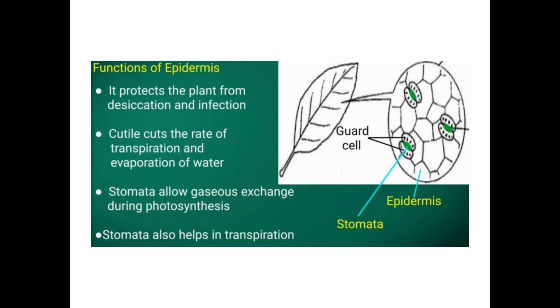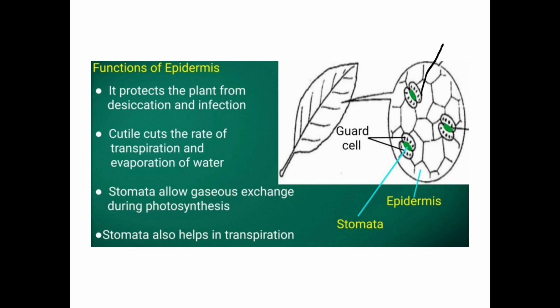Then what is the function of epidermis? Look, this is the stomata and this is the guard cell. The epidermis protects the plant from disease and infection. It is actually for protection, so if something is happening, the plant should be protected, and epidermis plays this role. Then the cuticle cuts the rate of transpiration, the evaporation of water.